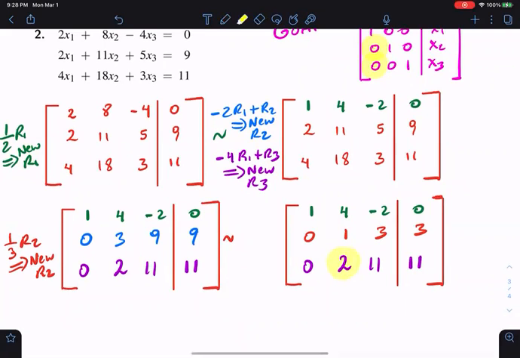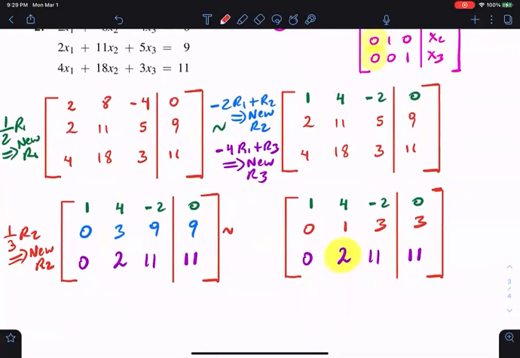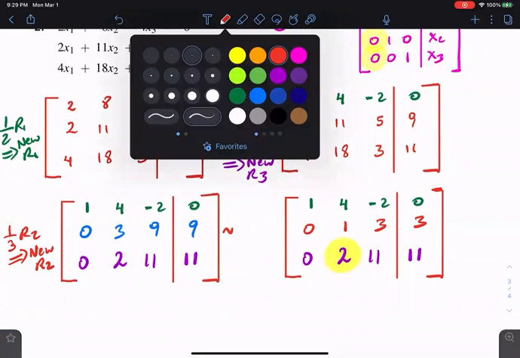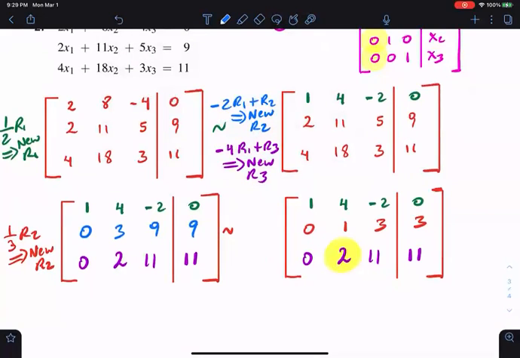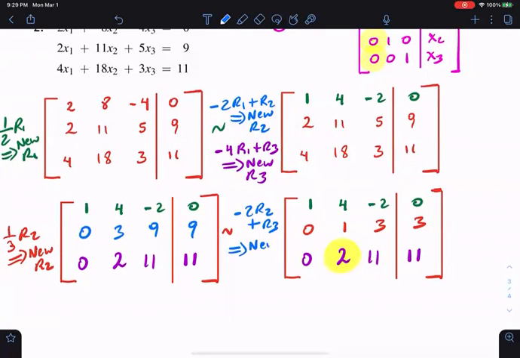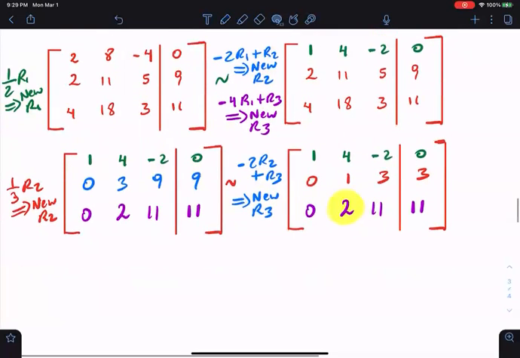We should get rid of that guy. So let's see what happens after that. So if we multiply -2, row 2 plus row 3, this will give me new row 3, right? Because I'm trying to get rid of that too. So let's do that.